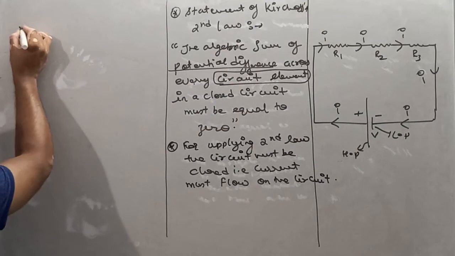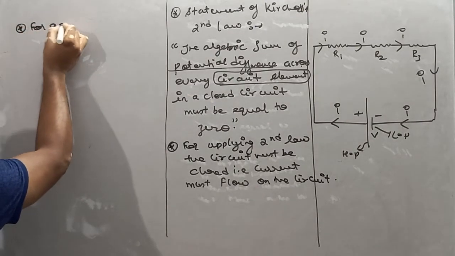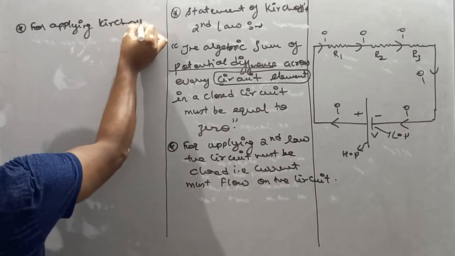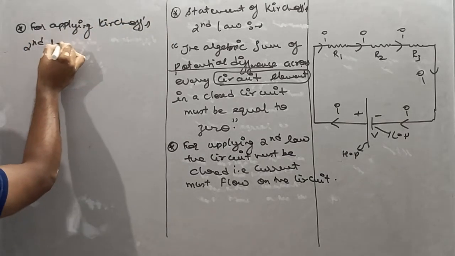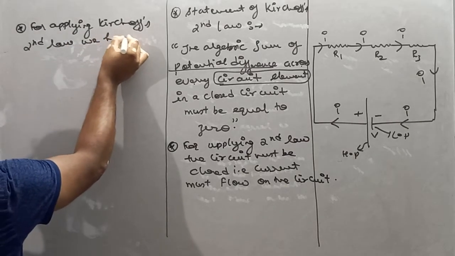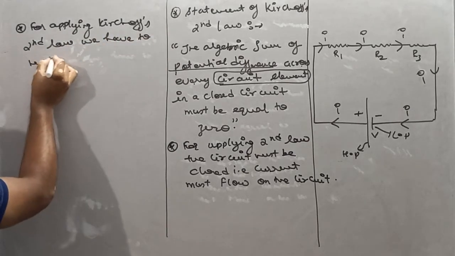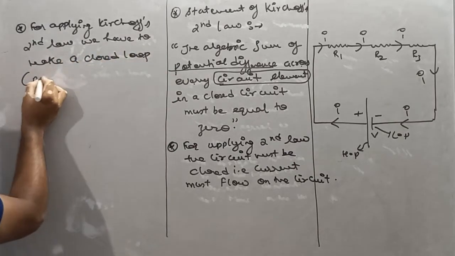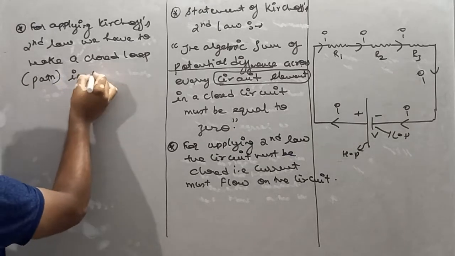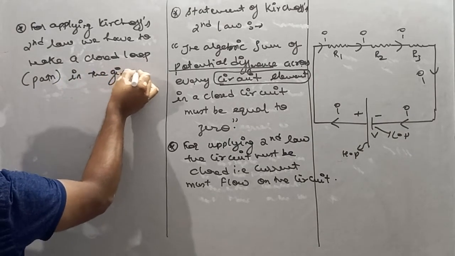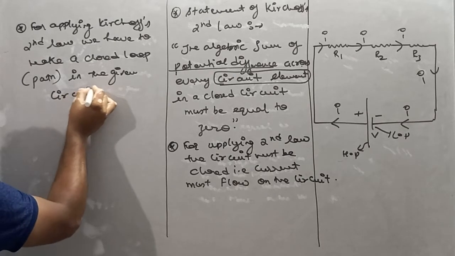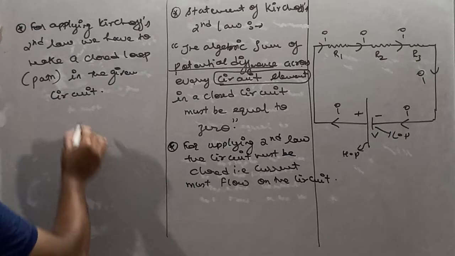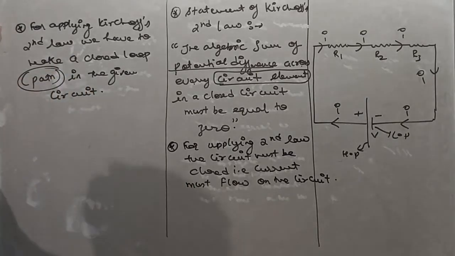Next, second thing, for applying Kirchhoff's second law, we have to make a closed loop. Closed loop means a path in the given circuit.